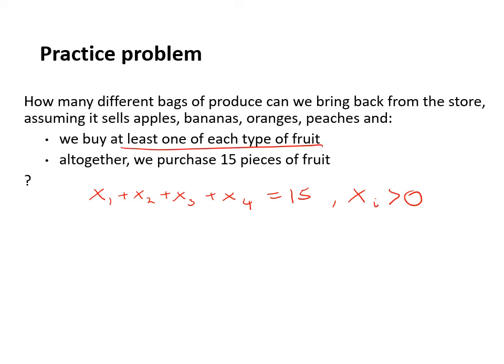So whenever you see a problem like this, you have to be really careful. The question you always have to determine is, can we have 0 of certain types of fruit in the bag? And so in this case, no, we need to have at least one.